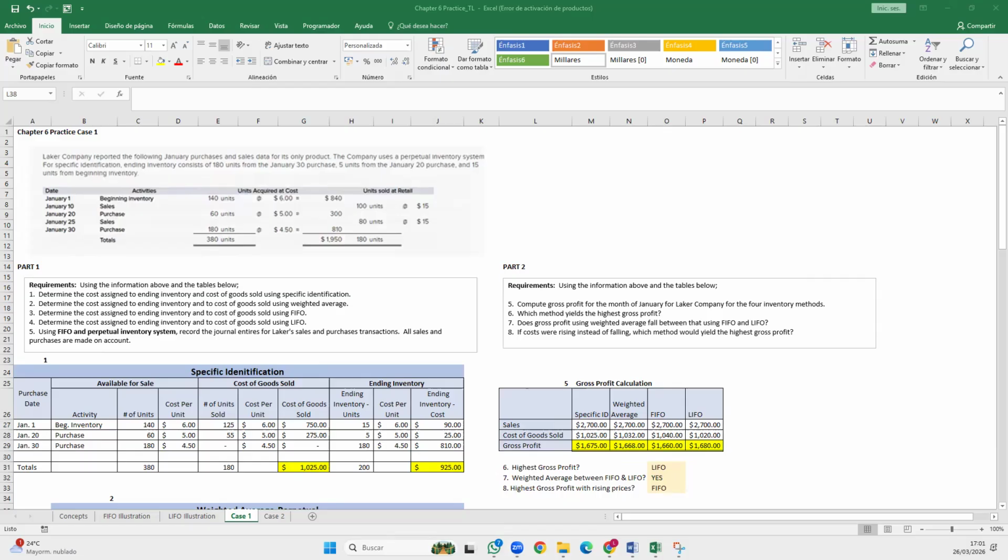If it's FIFO, we're going to work with the oldest products, or the first product purchased, first in, and those are the ones that are going to be first out or sold. And conversely with LIFO, we are going to sell first the ones that we purchased last, right? So that's the reason why it's last in, first out.